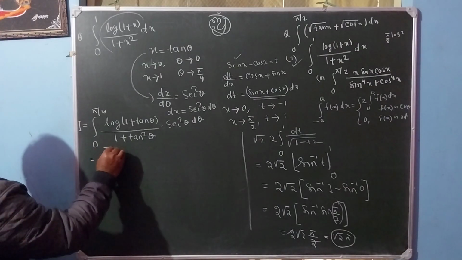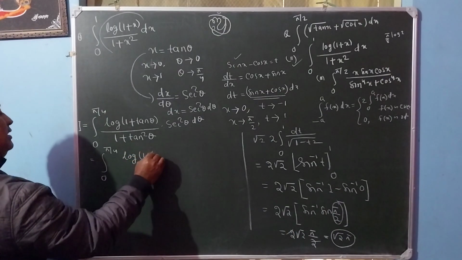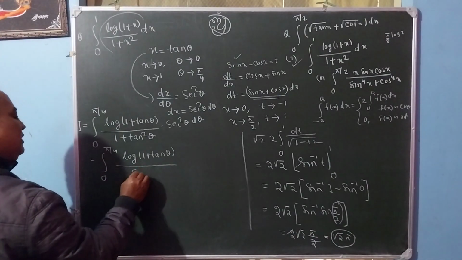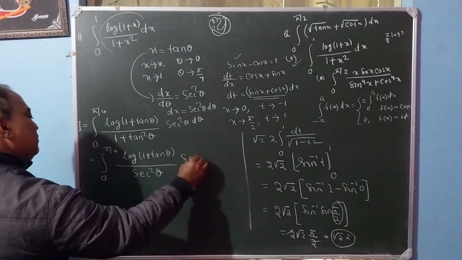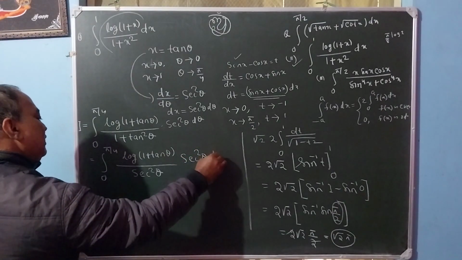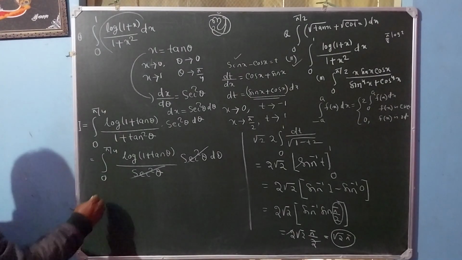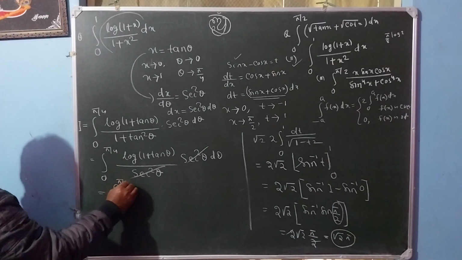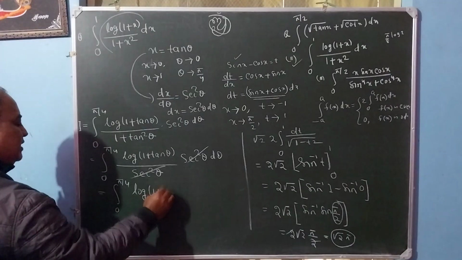So log 1 plus tan theta divided by sec square theta into sec square theta d theta. This cancels this. So integration from 0 to pi by 4 of log 1 plus tan theta.